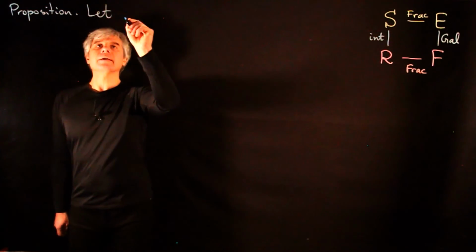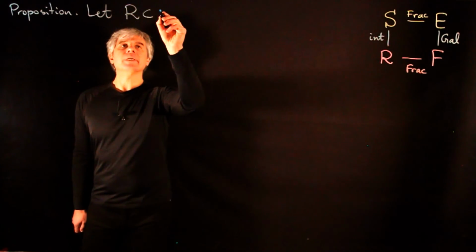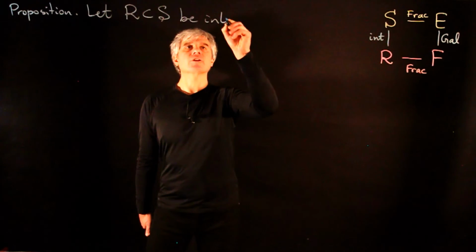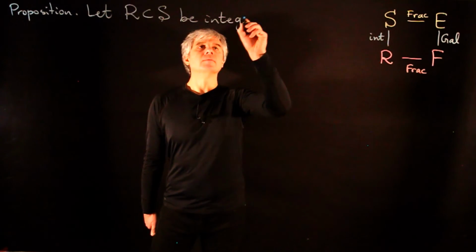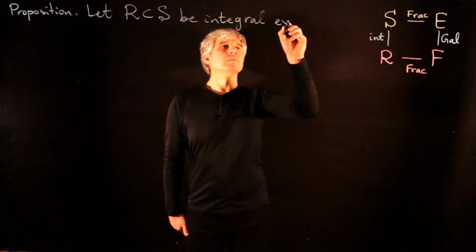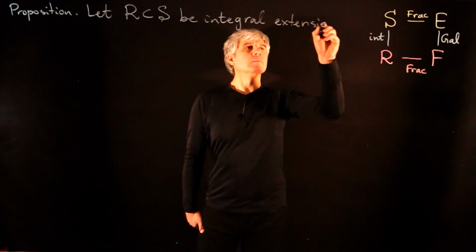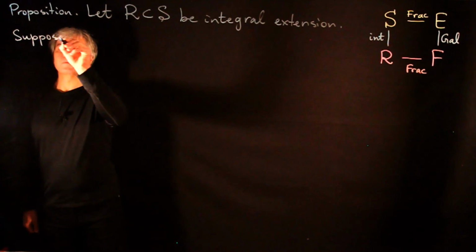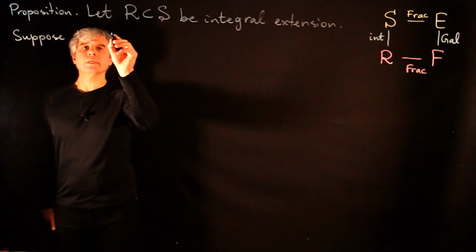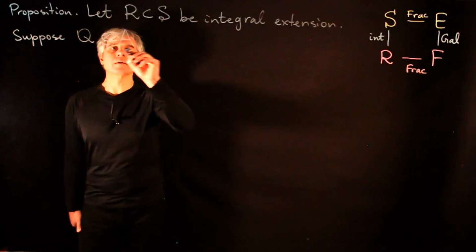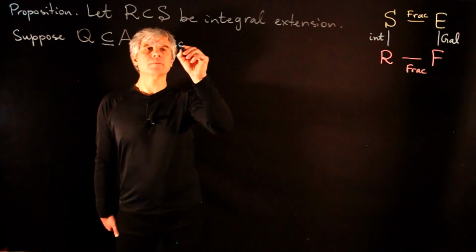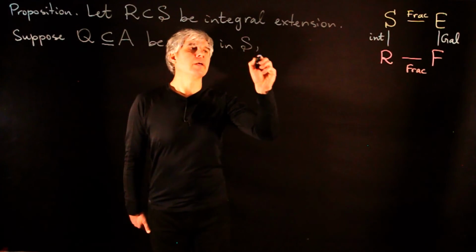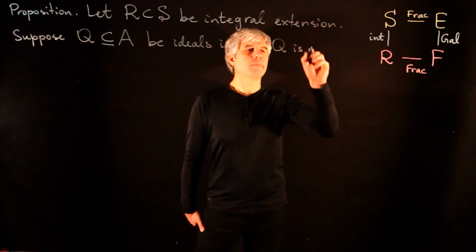Let S be an integral ring extension of R. Suppose Q is inside A, so they are ideals in S, and Q is prime.